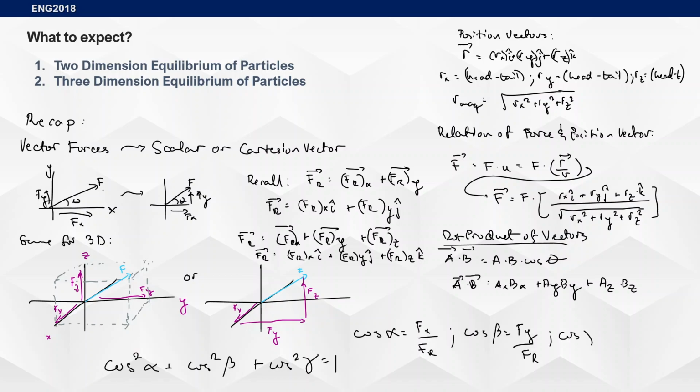Of course, let's not forget our coordinate direction angles, especially this particular property, where the sum of cosine squared alpha, cosine squared beta, and cosine squared gamma is equal to 1, in its respective relation with the x, y forces and its magnitude.